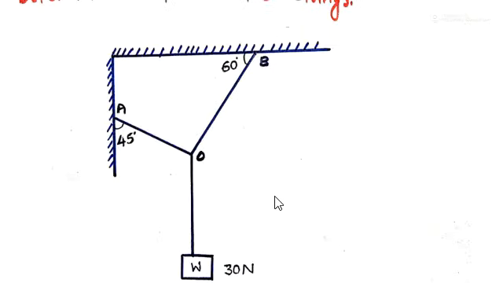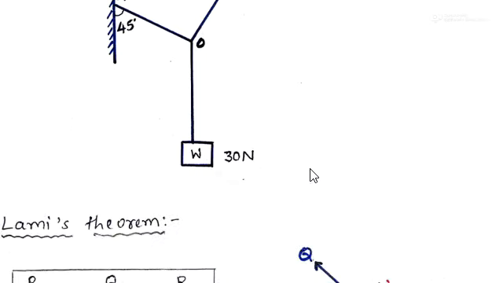Here also W is one force, and the tension in OA, suppose this is T1, and the tension in OB, this T2, are the other two forces acting about O. So this system is in equilibrium, and we can apply Lami's theorem.